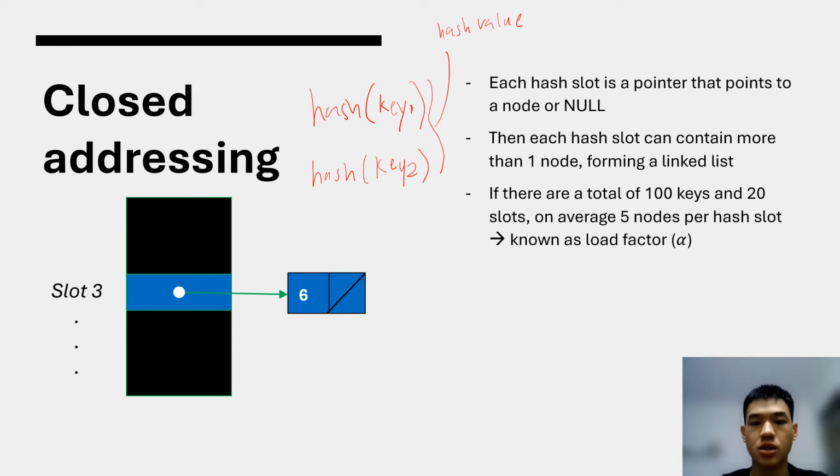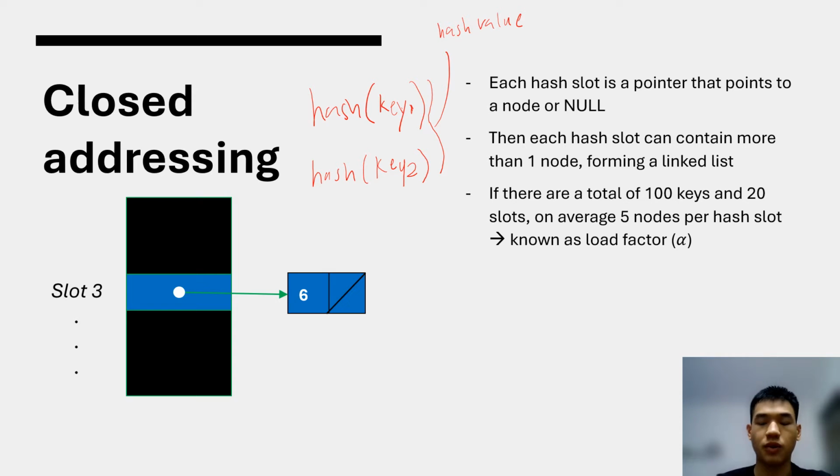So in such instances, we cannot possibly have two keys in one box. To rectify this issue, what we do in closed addressing is to chain these keys. The idea of chaining is akin to using a linked list.